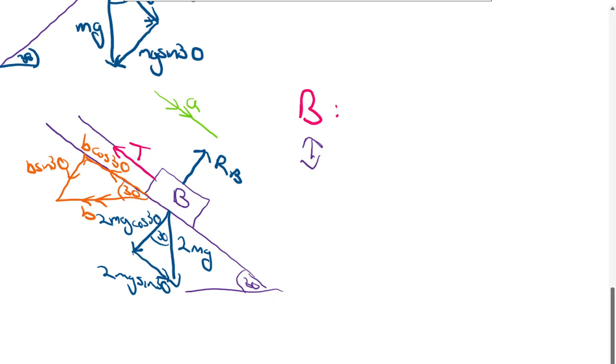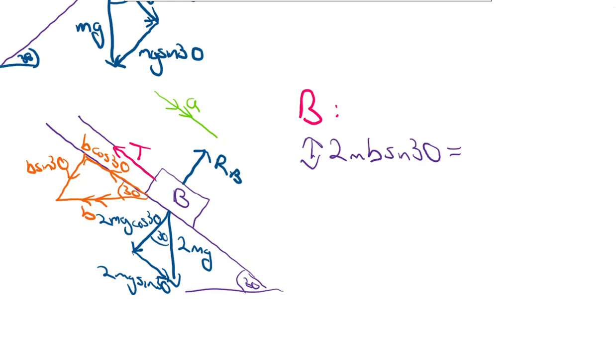So this is 2mb sine 30 equals, this time it's 2mg cos 30 minus RB. So this is the resultant acceleration of B, and it's caused by gravity pulling it into the plane and the reaction pushing back. And the difference between the two is the acceleration into the plane.